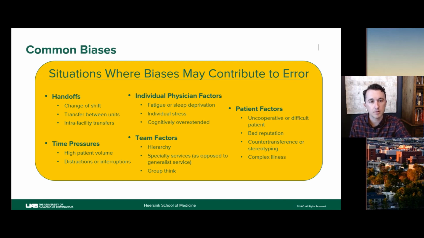Groupthink can play a role. And then, of course, the patient factors can contribute significant biases. Maybe it's a difficult patient with a poor reputation. We're likely to be guilty of countertransference or stereotyping. And these are all going to introduce biases to our diagnostic processes. And of course, these patients often tend to have the most complex illness as well, making us even more likely to make an error.